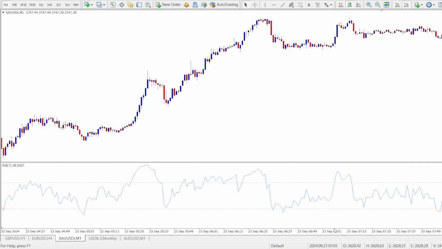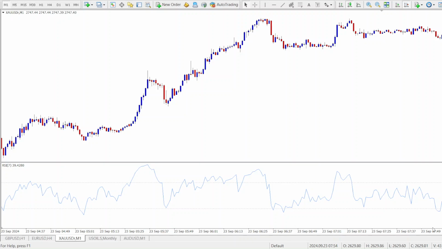It ranges from 0 to 100, as we can see, and it helps us to identify overbought or oversold conditions. A reading above 70 indicates an overbought condition, while a reading below 30 indicates an oversold condition.